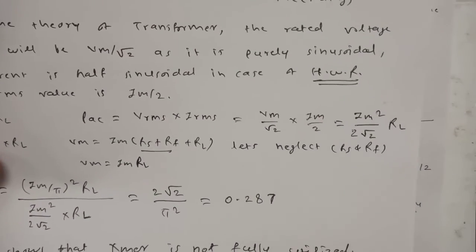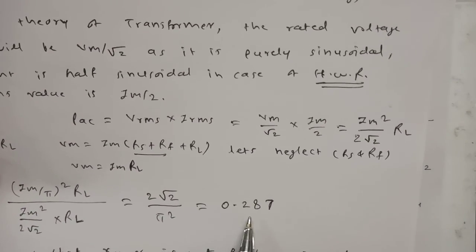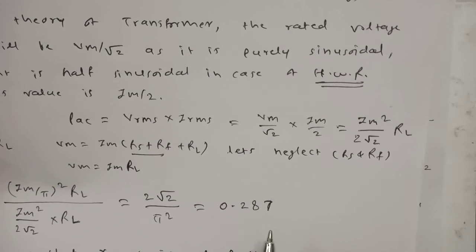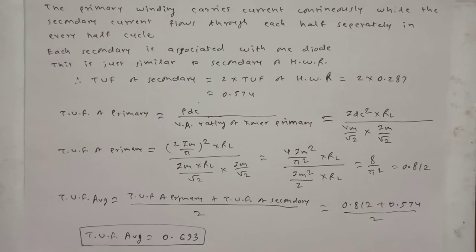And you can see it is improved. In case of half wave rectifier, the value was 0.287, right? In case of center tap full wave rectifier, it is 0.693. So it is better utilization of the transformer as far as the half wave rectifier is concerned.